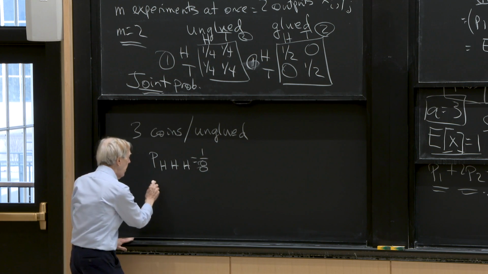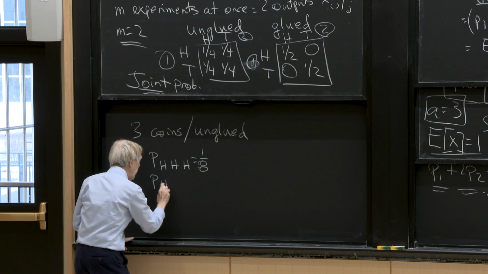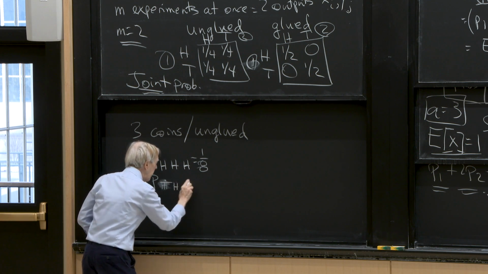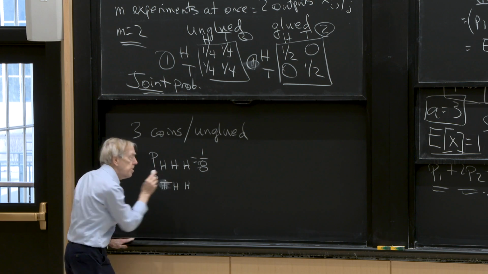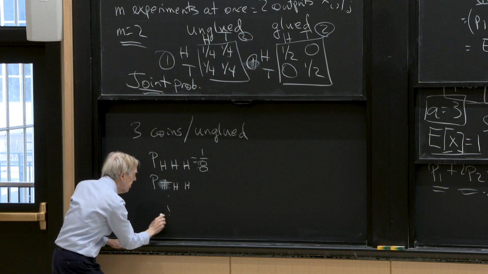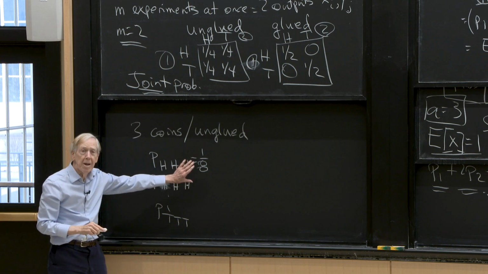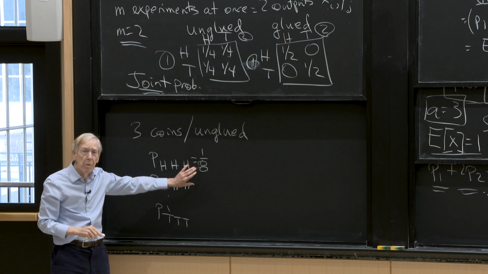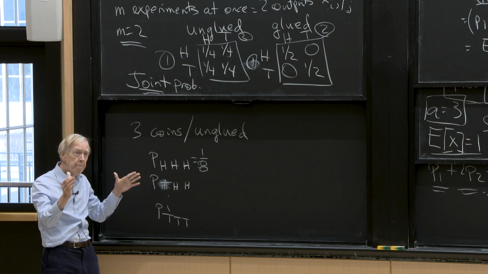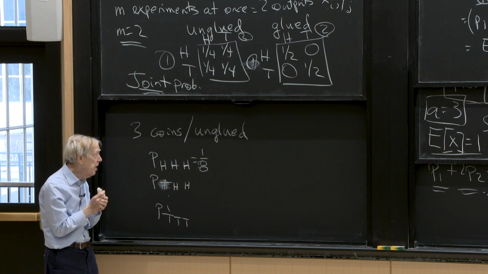But now my question is, what do I have? Then I have probability of heads, of say tails, heads, heads. I've got 3 indices here, eventually down to probability of tails, tails, tails. Everybody sees at the end the numbers are going to be 1/8, but where do those fit in?